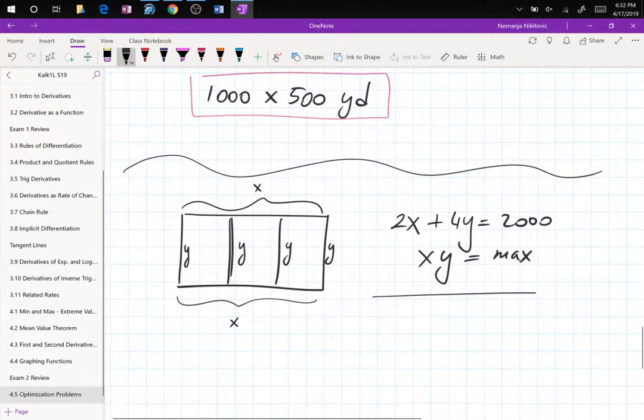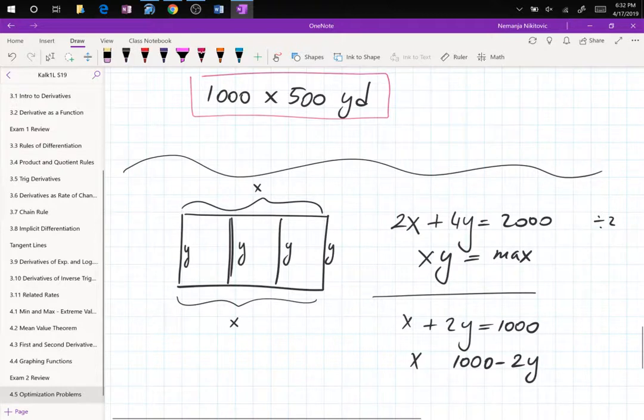So now you divide the top by 2, to make every number a half. So x plus 2y is equal to 1,000, and then x is equal to 1,000 minus 2y.